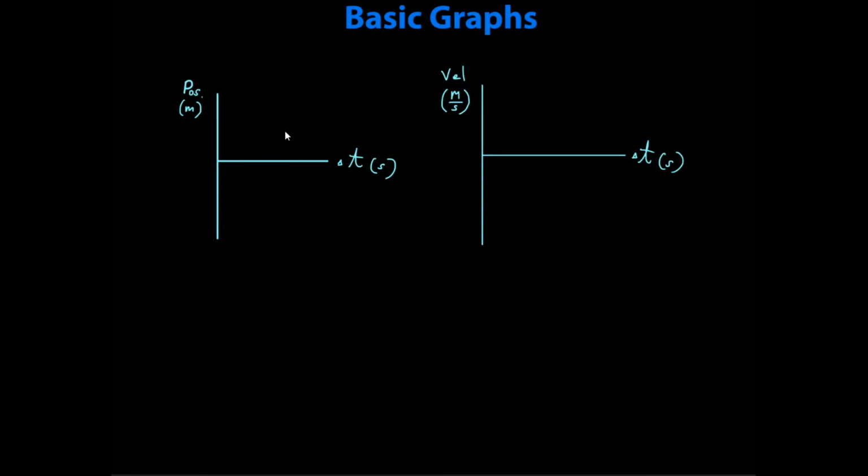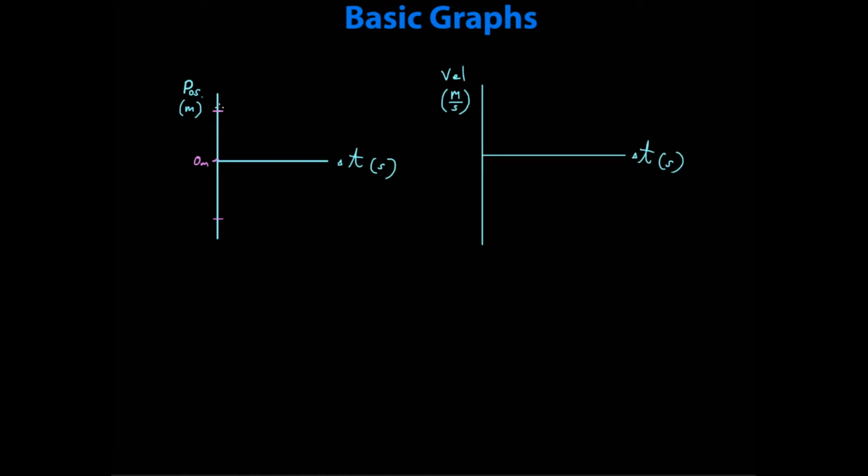So the man first started at a positive position. He went through the origin point, which was 0 meters, and ended up at a negative position that was equally distant.